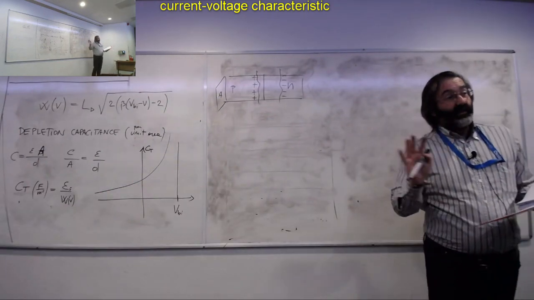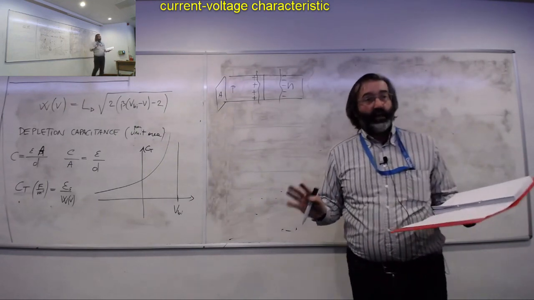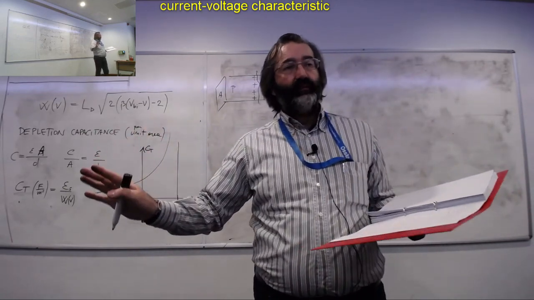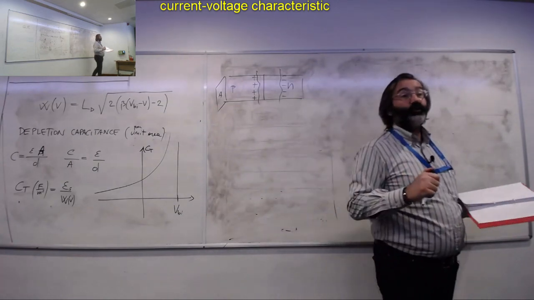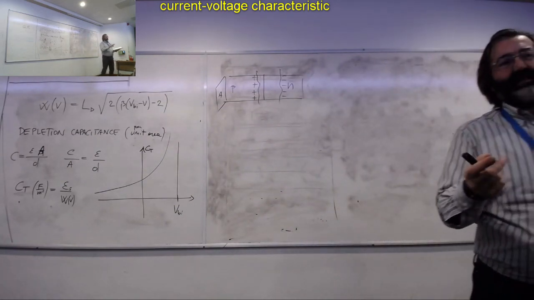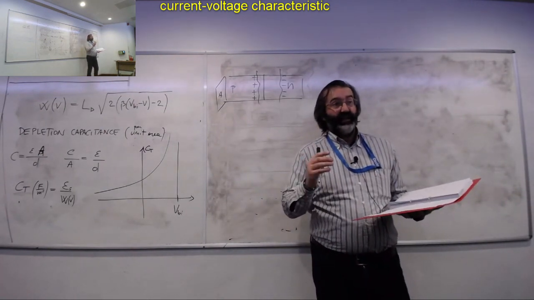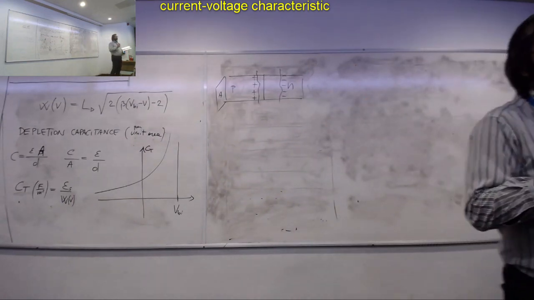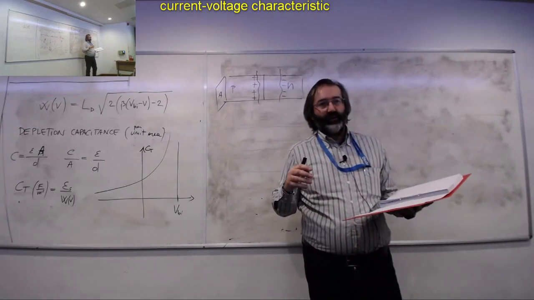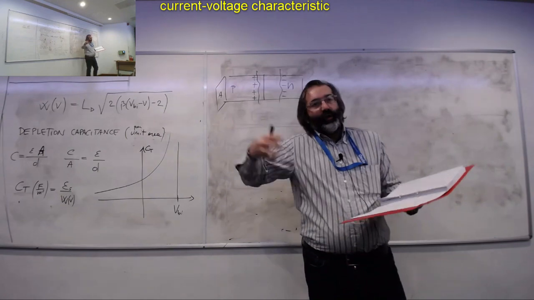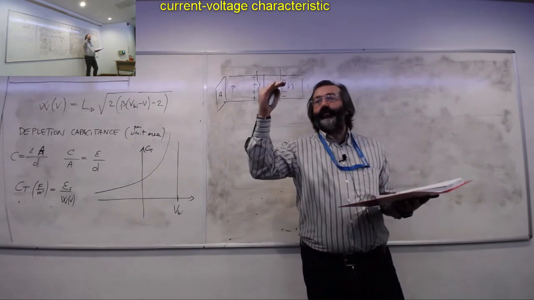Remember, once you apply voltage on a device, you no longer have equilibrium conditions. We've dealt with non-equilibrium carrier densities in the semiconductor section, and you remember we talked about a reasonable assumption that simplifies lots of things, which is the low-level injection. That is, the amount of carriers that we are inducing in a certain part of the semiconductor, putting it in non-equilibrium, is still small compared to the actual amount of majority carriers.